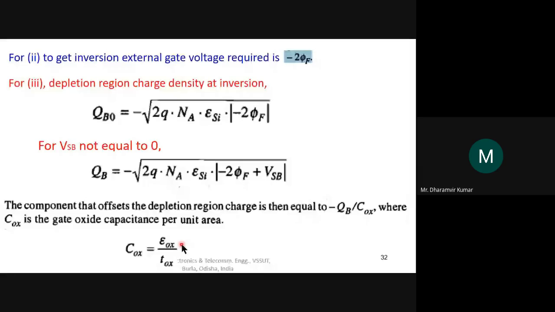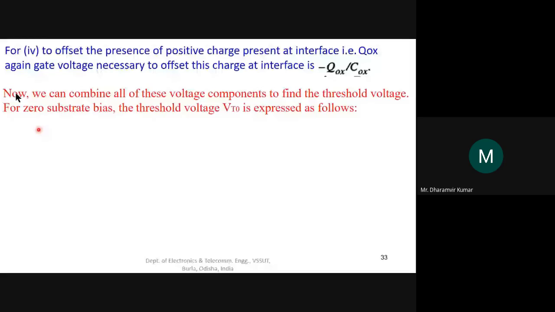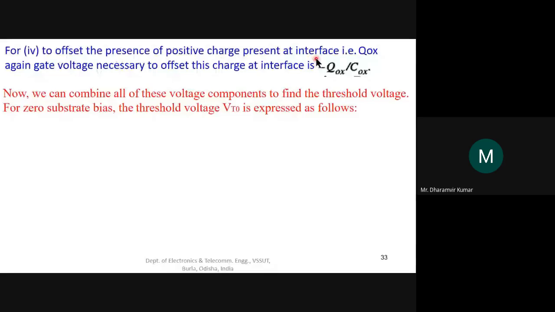And for 4, to offset the presence of positive charge at the interfaces, that is Q oxide, the gate voltage necessary to offset this charge at the interface is minus Q oxide by C oxide. Let's say some charges are present at the interfaces.